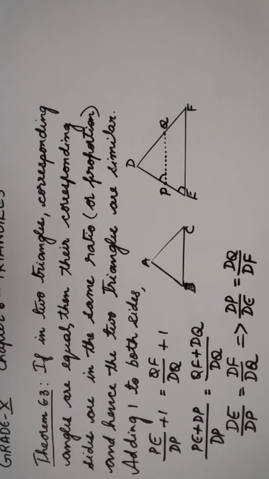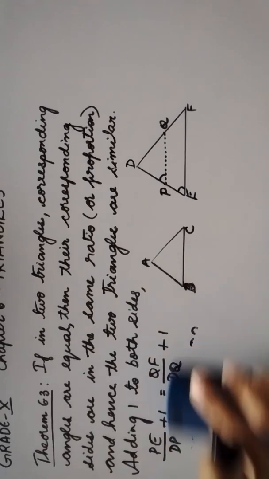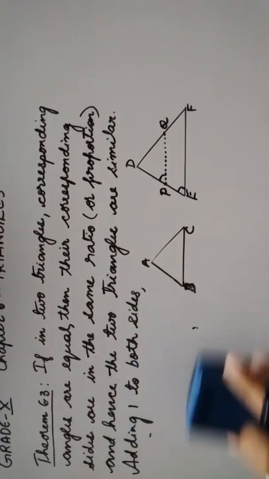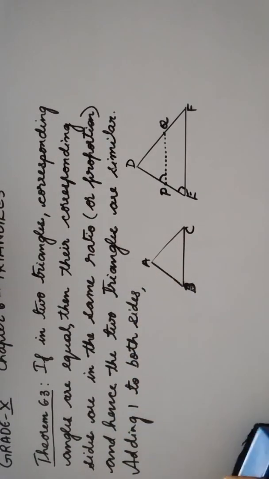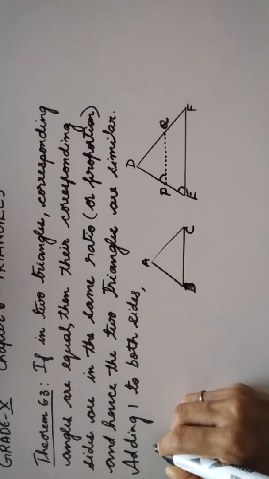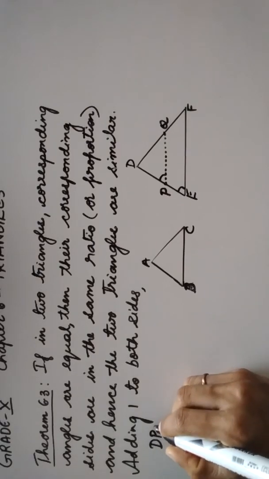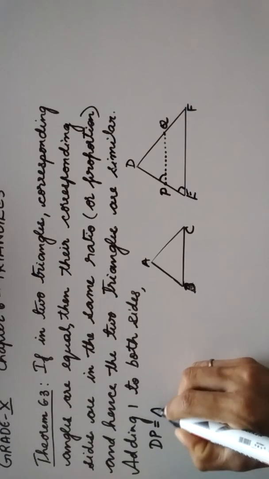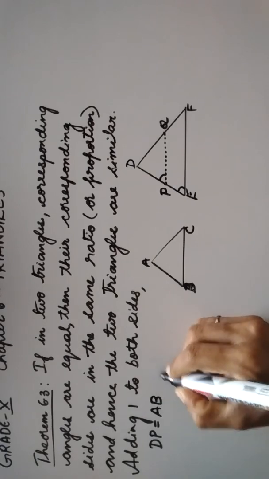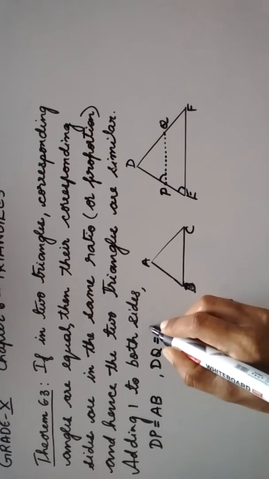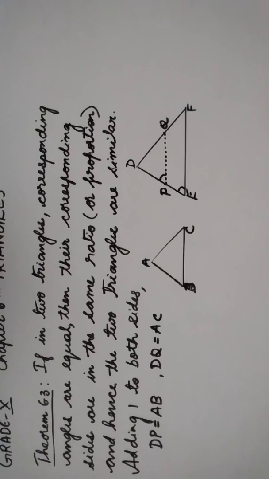Now, next, we know that by construction, it was DP is equal to AB and DQ is equal to AC. Isn't it? Yes.